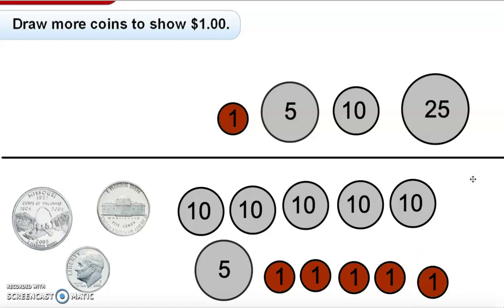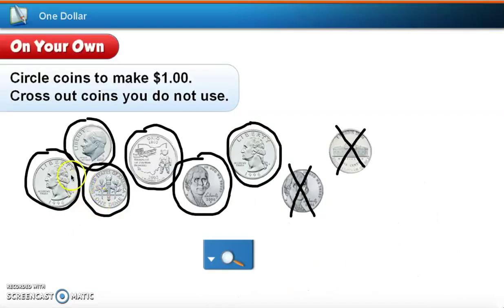Okay, so now we know too that we have 1 quarter, we have 1, 2, 3, 4, 5, 6 dimes, 2 nickels, and 5 pennies. Those all together are also equivalent to $1, just like the 100 cents that we used in the beginning, just like this example here with the 3 quarters, 2 dimes, and a nickel.